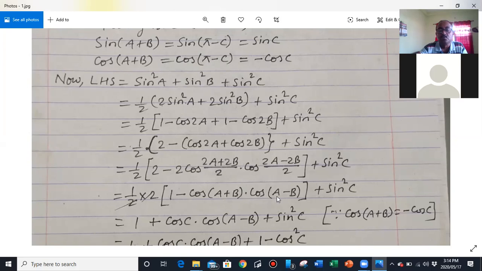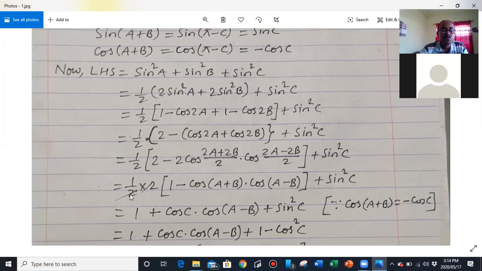Cos a plus b into cos a minus b plus sin square c. This 2 cancelled. So there is no use of this bracket. 1, and you know here cos a plus b is minus cos c. So minus cos a plus b can be replaced by plus cos c into cos a minus b plus sin square c.